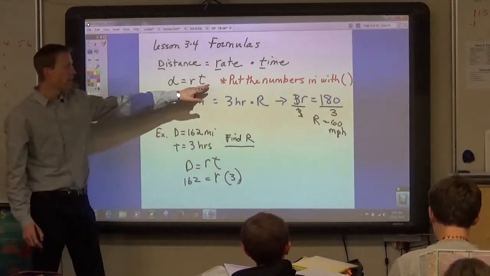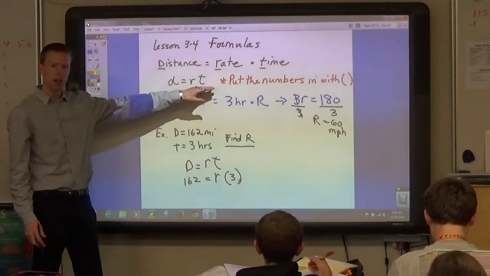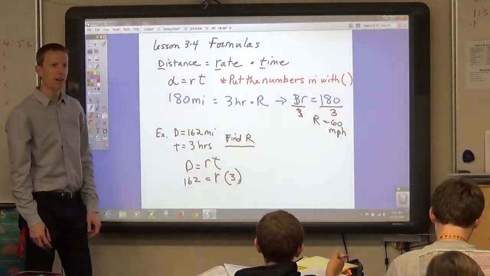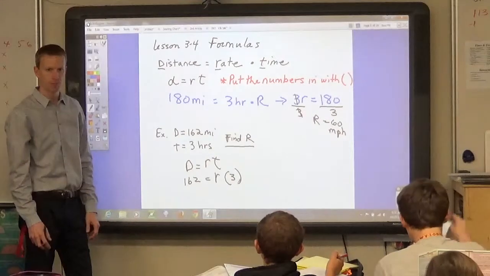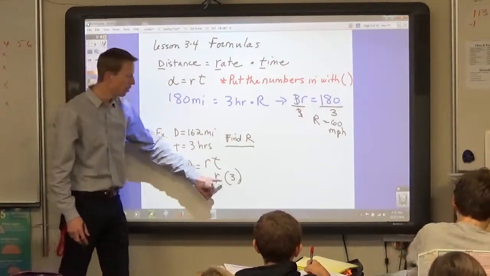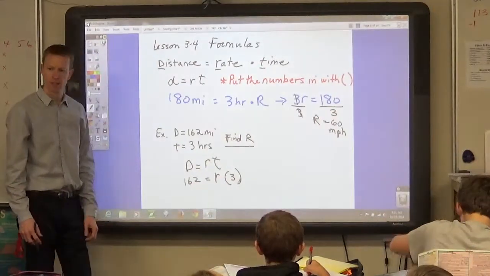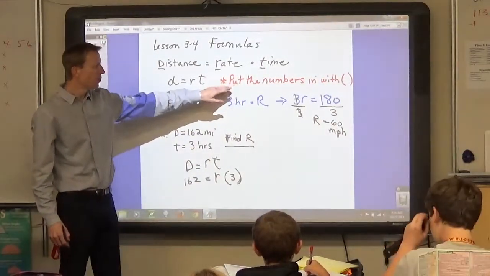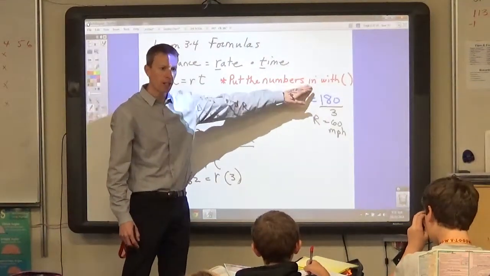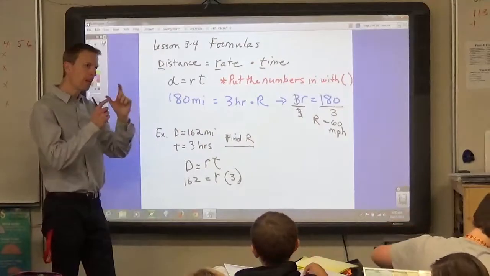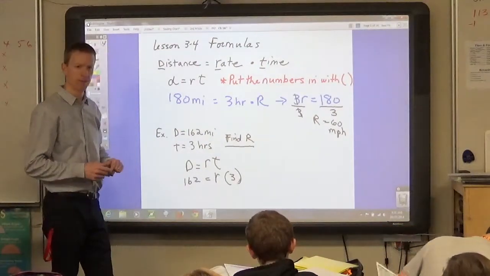And one of the things that I want you to do, whenever you substitute a number into a formula, I want you to put that number in parentheses. Now, from this, you could write 3r, but it's really important to put the number into the formula in parentheses. Okay? It helps you to figure out what operation you need.